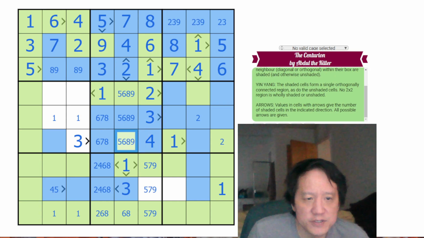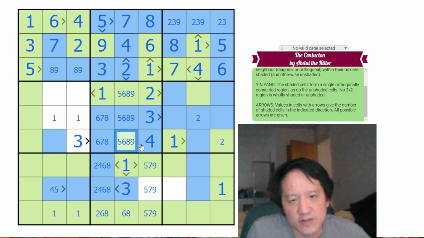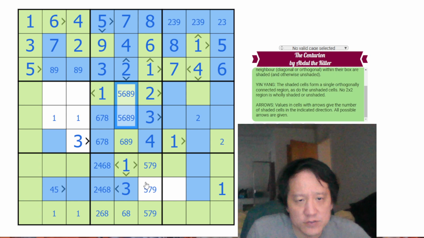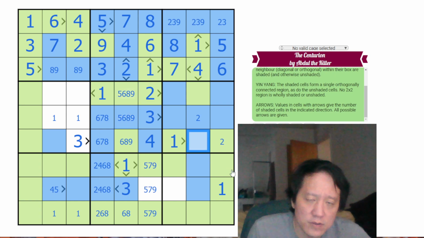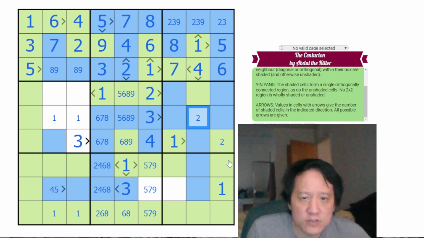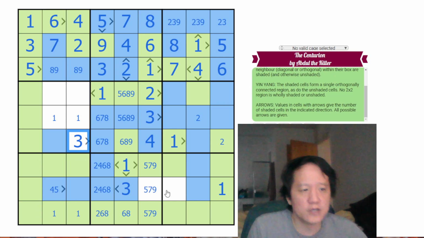4. This cannot be 5, because it would be next to a 4 shaded. So 5 is one of these 2. Either that's 2 or that's 2. This is 3.